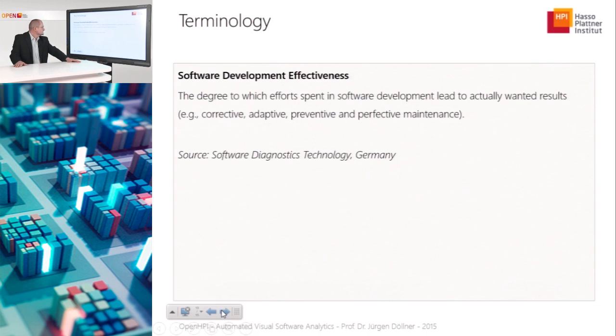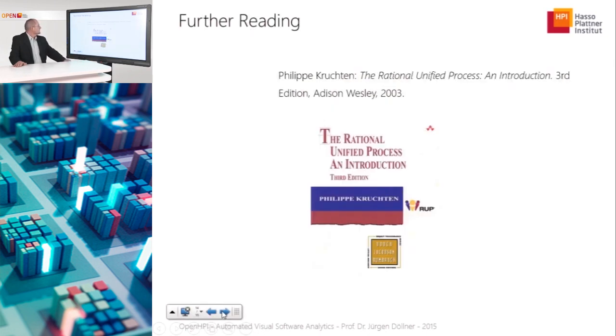This terminology has been taken from software diagnostics technology. As further reading, I can recommend, for example, this book about the rational unified process. It reflects on the key issues, the key stakeholder groups, and the key conceptual and practical models that can be applied to set up a software methodology.